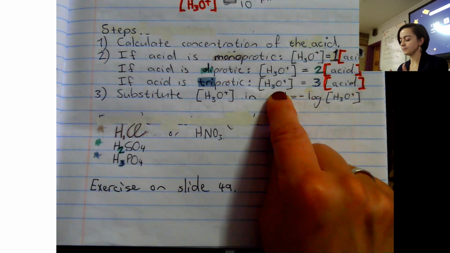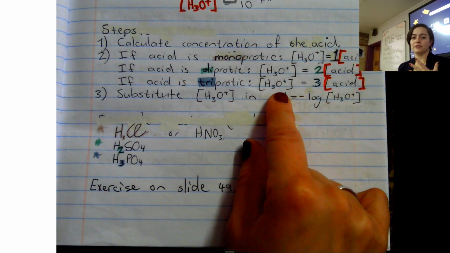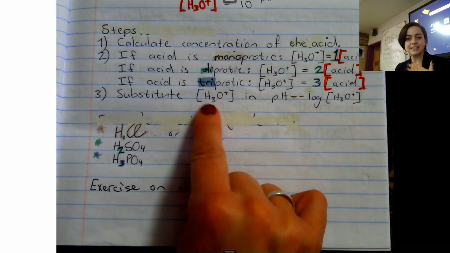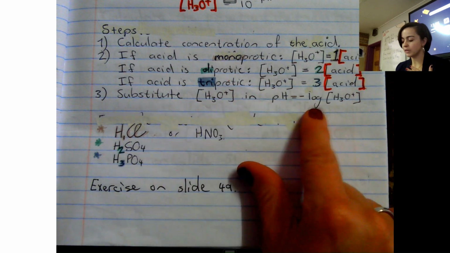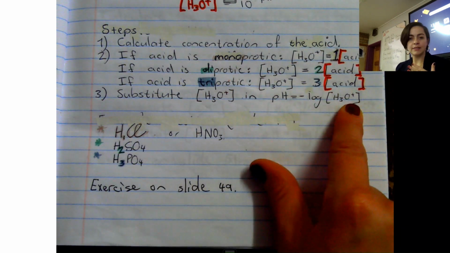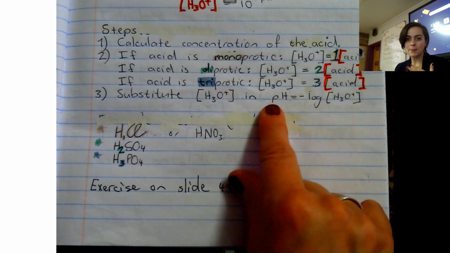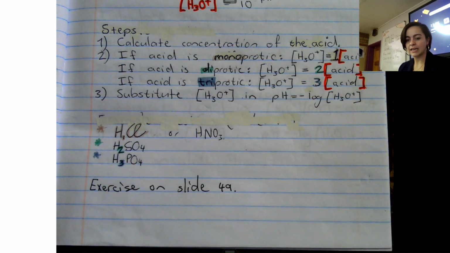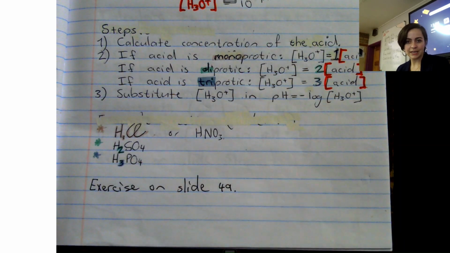All right. Now that I have the concentration of my hydronium ions, I can substitute it into my formula right there and therefore calculate my pH. To check this out as an example exercise, you can look at slide 49.